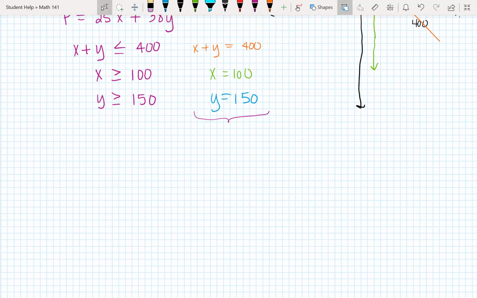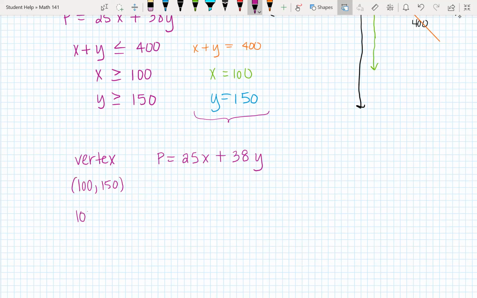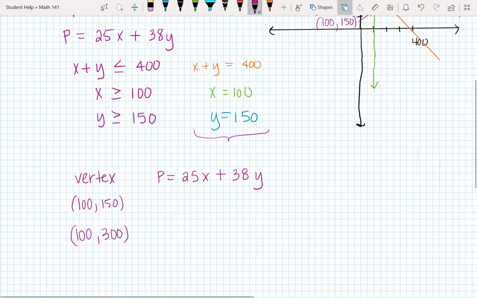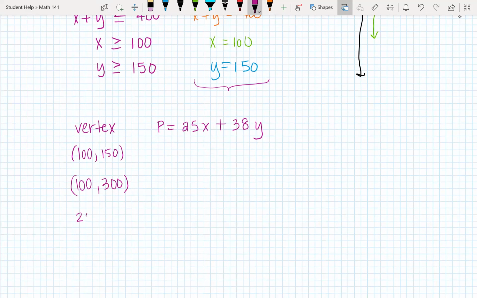So now we're going to take the profit function that we had, 25x plus 38y, and we're going to plug in the 3 points. We had 100, 150 was one of them. We had 100, 300 was another one. And we had 250, 150. And we're plugging them into this equation.